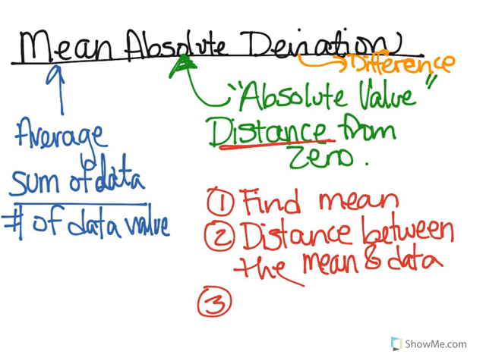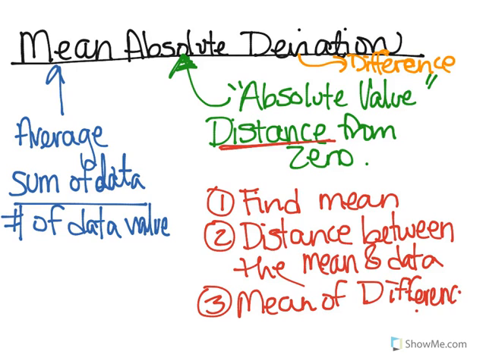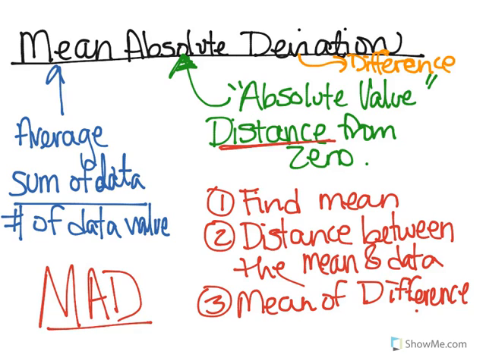And then third thing, I'm going to find the deviation of it. So which means I'm going to find the mean of the difference. Mean of the difference. And that is mean absolute deviation, or what we can call MAD. So we're going to be mad about data.